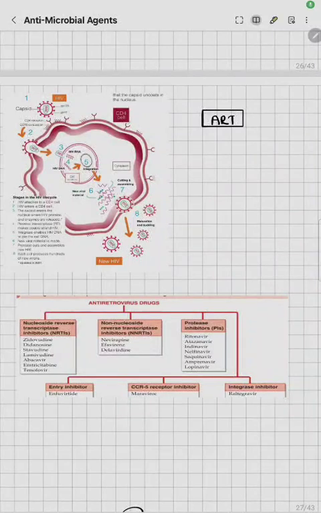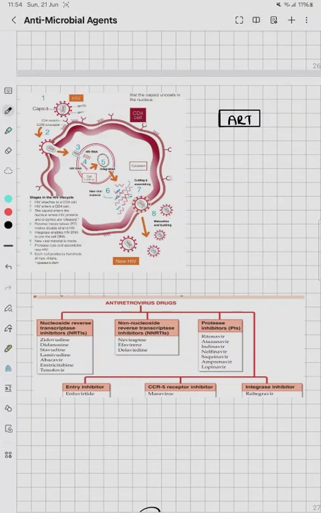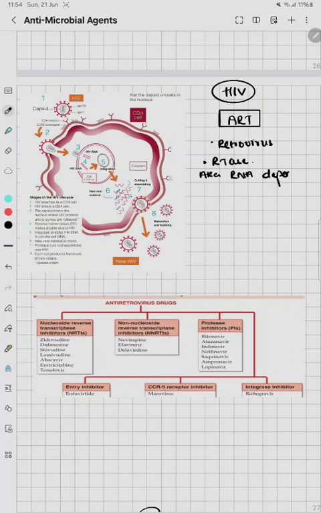Guys, I will be talking about anti-retroviral therapy. Now, to consider HIV, it is a retrovirus, meaning it has the enzyme reverse transcriptase, which is also known as RNA dependent DNA polymerase.